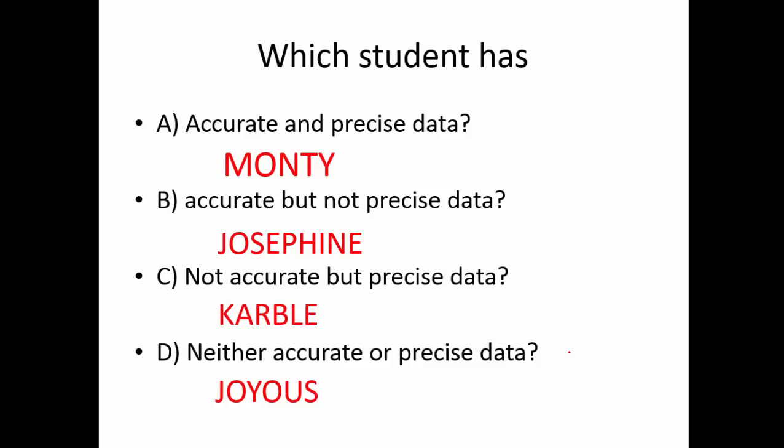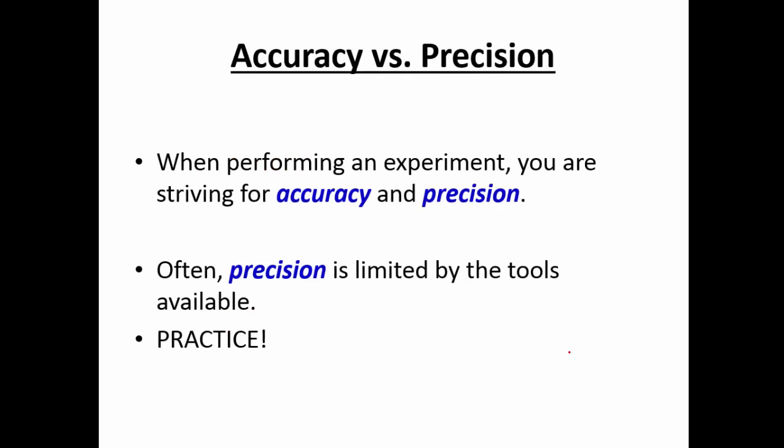Where this fits in well, accuracy versus precision: when performing an experiment, you're striving for accuracy and precision. How close are you to the intended mark, and from there, precision, how close are your measurements to each other? Can you repeat these measurements time and time again? Precision is often limited by the tools available.